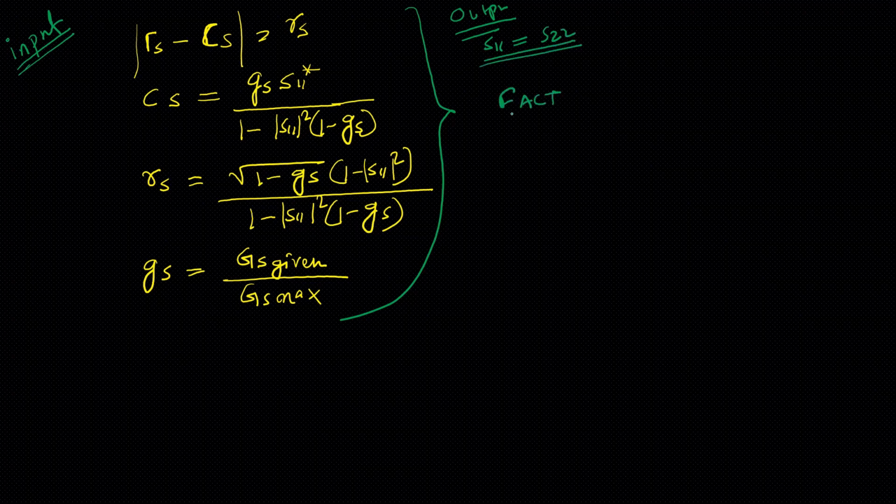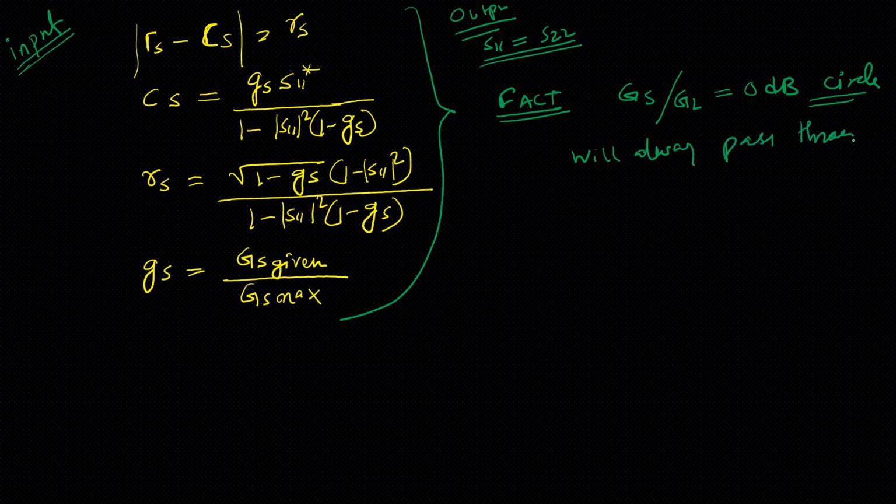Now one fact: our GS or GL equal to 0 dB circle will always pass through the center of the Smith chart.